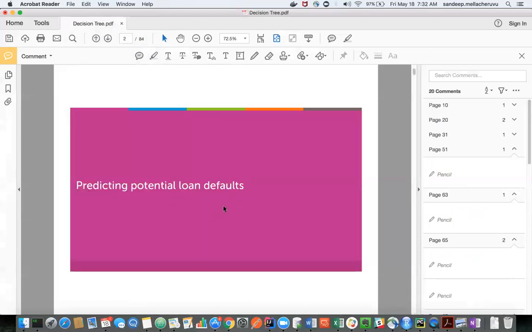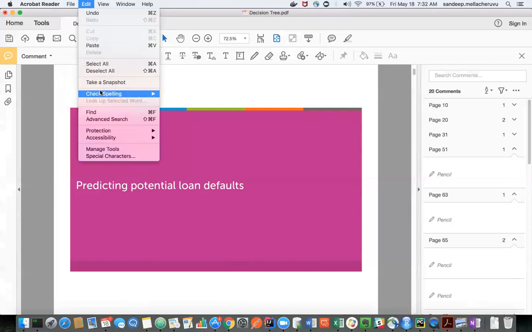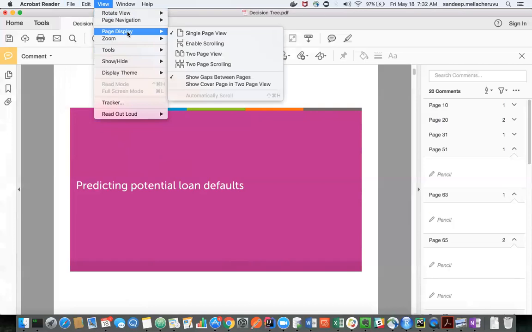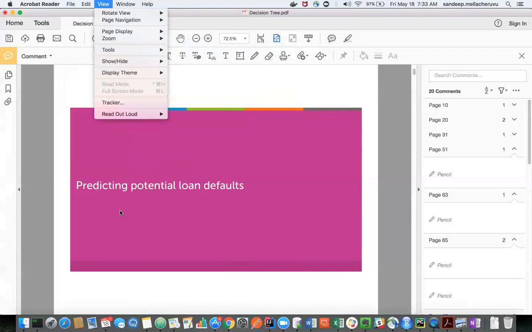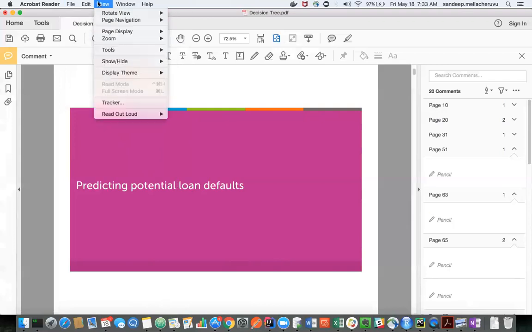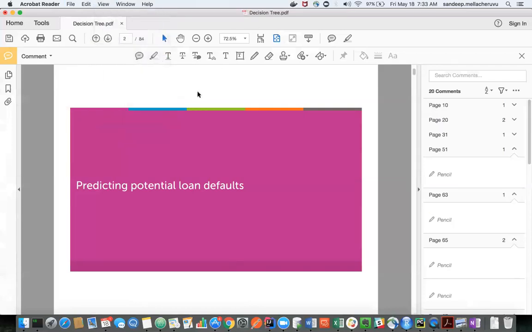Hopefully you're able to see it properly. Is the size of the window okay? I do not have the full screen mode here somehow. Is the size of the window clear? Or do you need a bigger screen? Yeah, seems it's clear, Sandeep. Okay, it is clear.